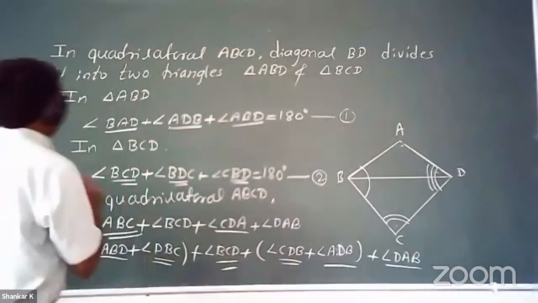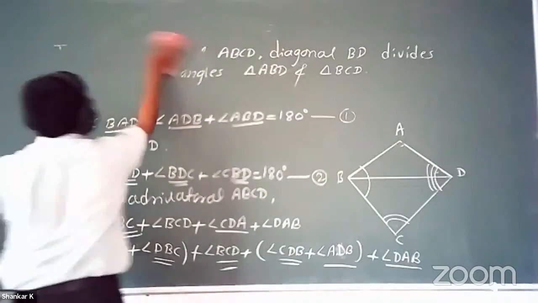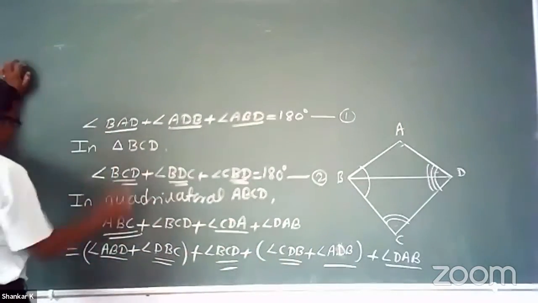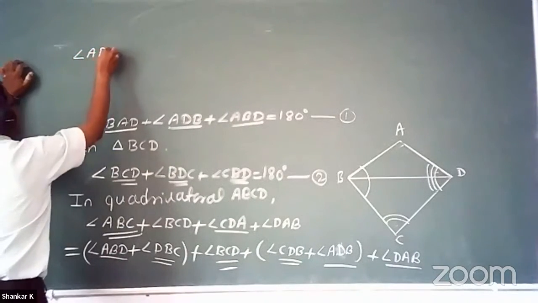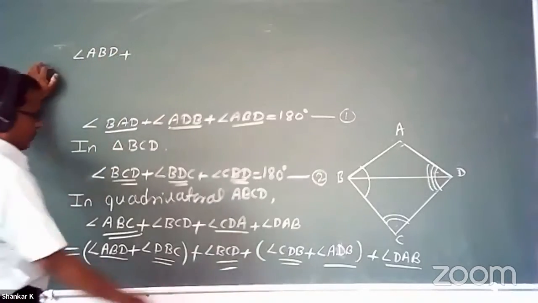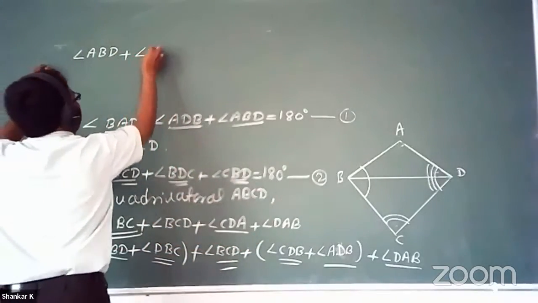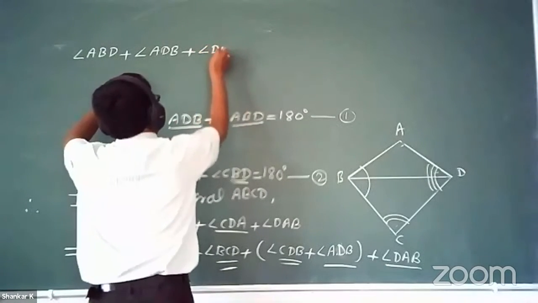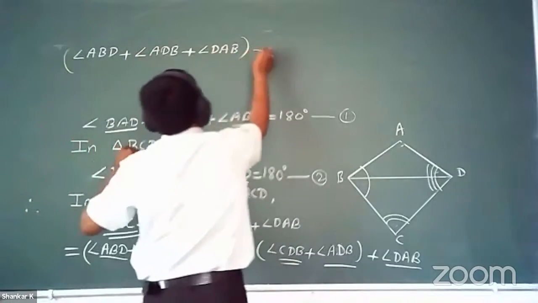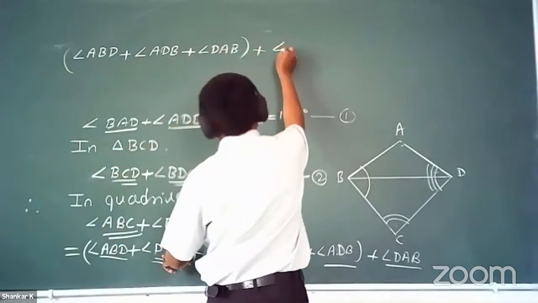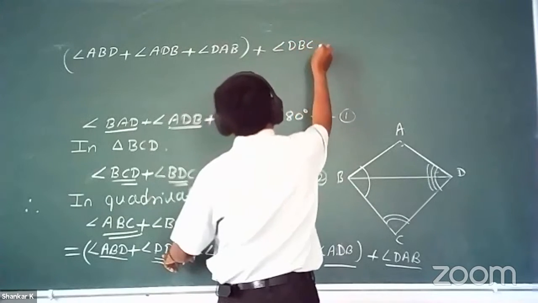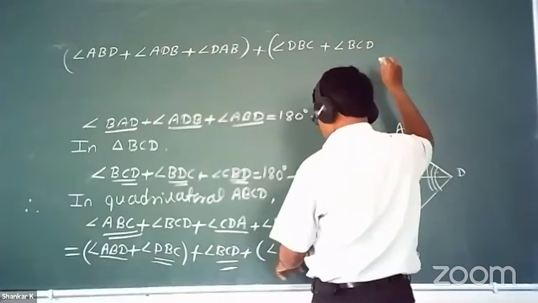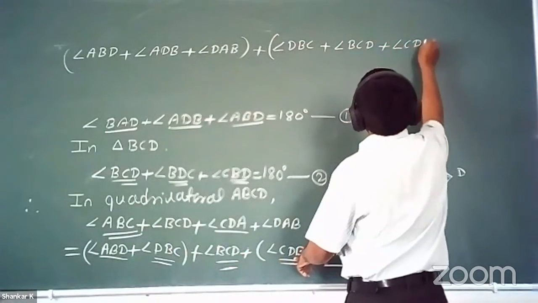Or if you want one more step, I'll write. If you arrange these angles, it becomes angle ABD plus angle ADB plus angle BAD plus angle DBC plus angle BCD plus angle CDB.